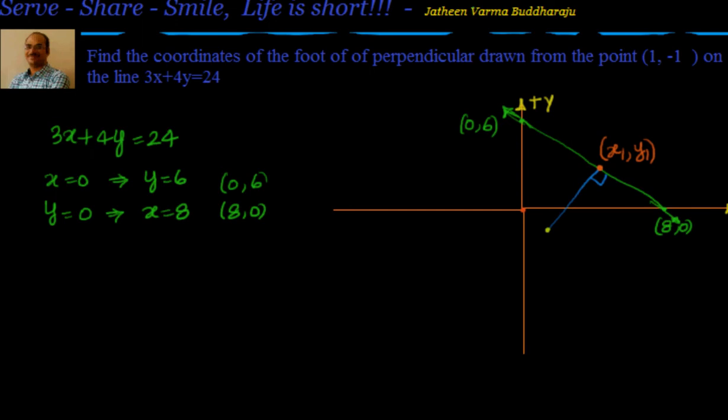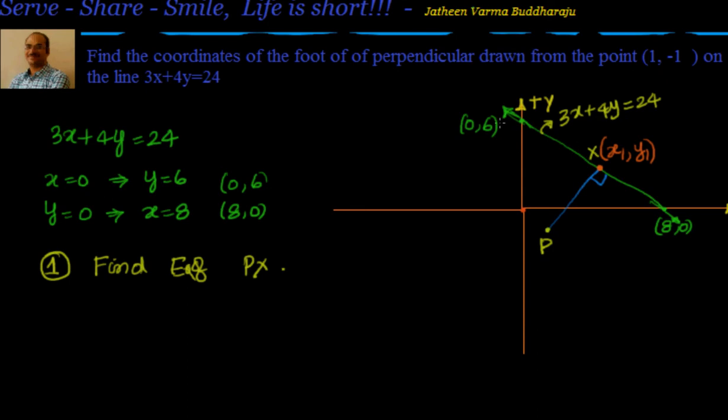Now how to do it? What are the steps we have to follow? First, let's give that point the name X, and let us say this is P. First I have to find the equation of PX. How to find the equation of PX? We know the slope of the given straight line 3x plus 4y equal to 24.